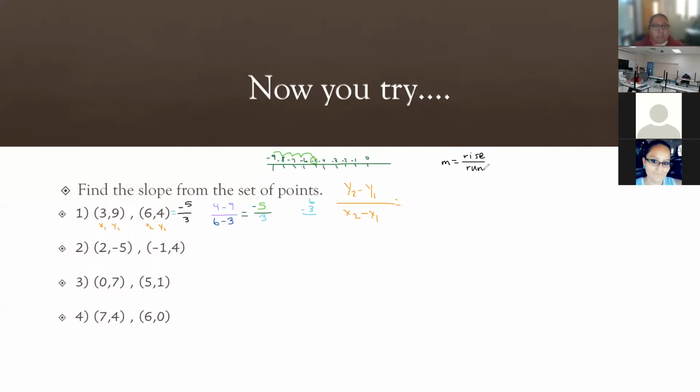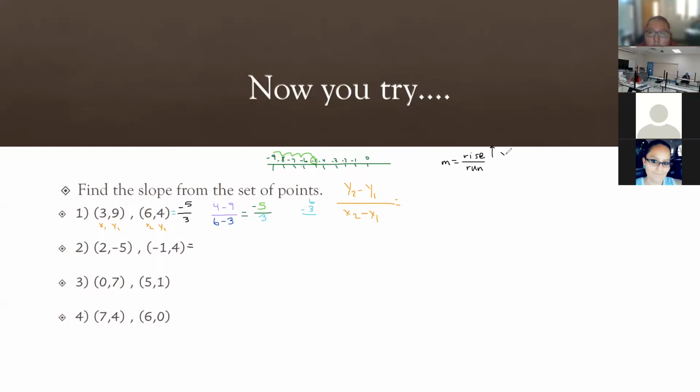Which I kind of forgot to explain what this is, so I will do so during this time. So how we use our slope, our rise over run. Our rise is our vertical line. It will tell us if it goes up or down.